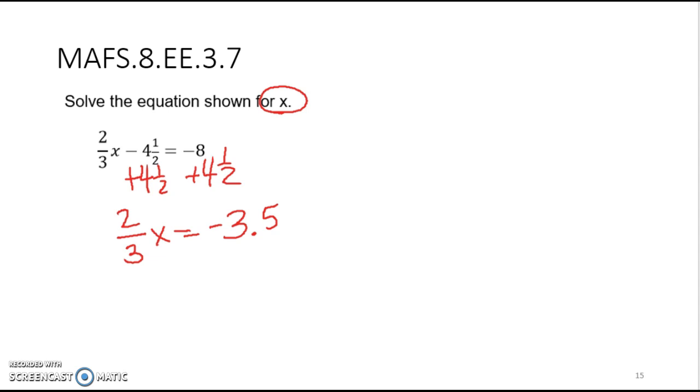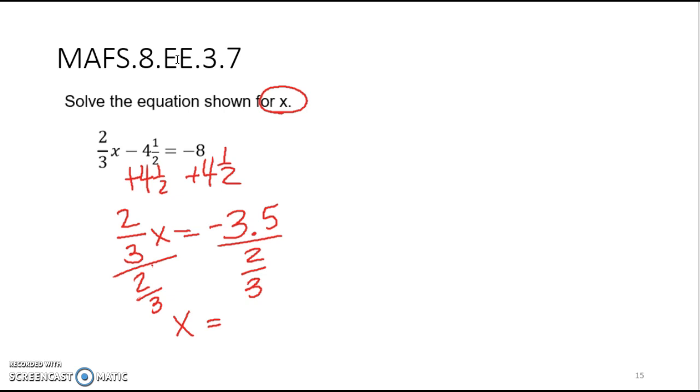Now it's 2/3 times x. So because it's 2/3 times x, I am going to divide both sides by 2/3. So x equals, give me 1 second here, I'm plugging into my handy dandy calculator.